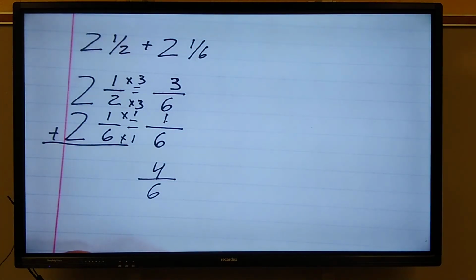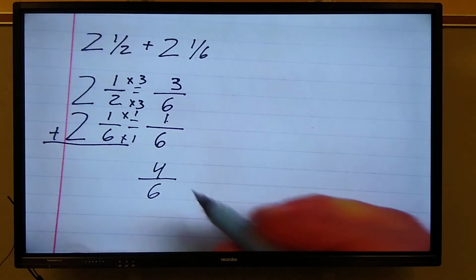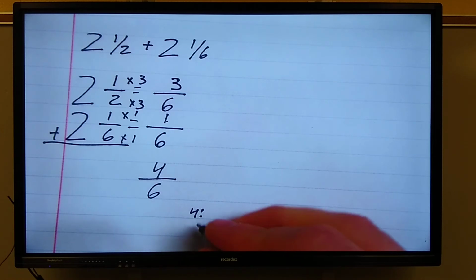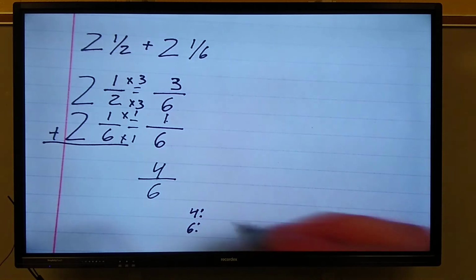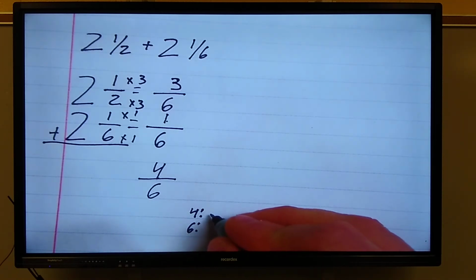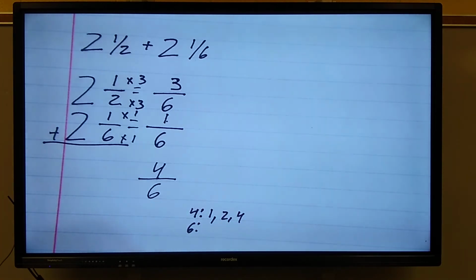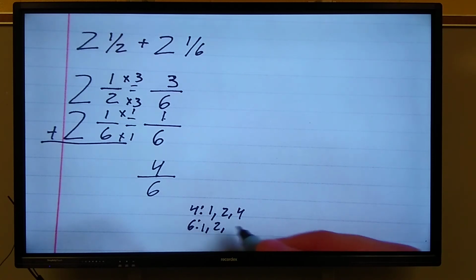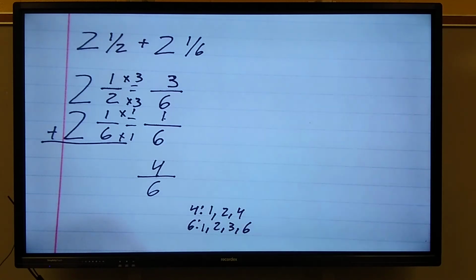Now I've got to ask myself the two important questions. Is this an improper fraction? It is not. Is this in simplest form? It is not. I must simplify this fraction. My factors of 4 are 1, 2, and 4. My factors of 6 are 1, 2, 3, and 6.